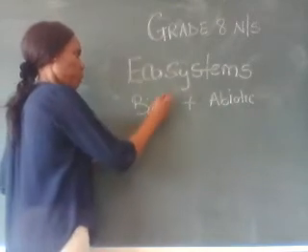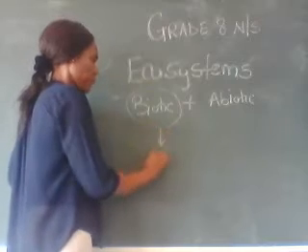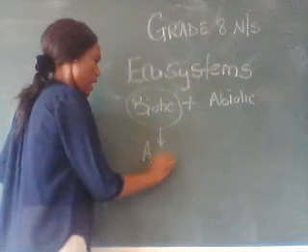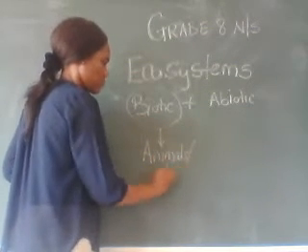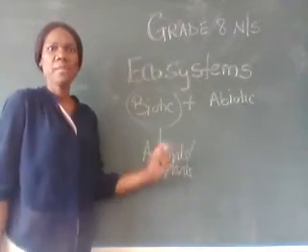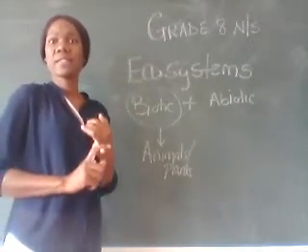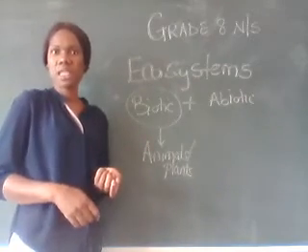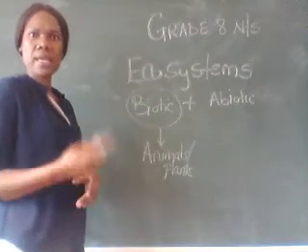However, our biotic factors are comprised of two main groups, which are animals and plants. So animals and plants interact with each other as they depend on each other for food or for shelter, and we've got different relationships that exist in an ecosystem.